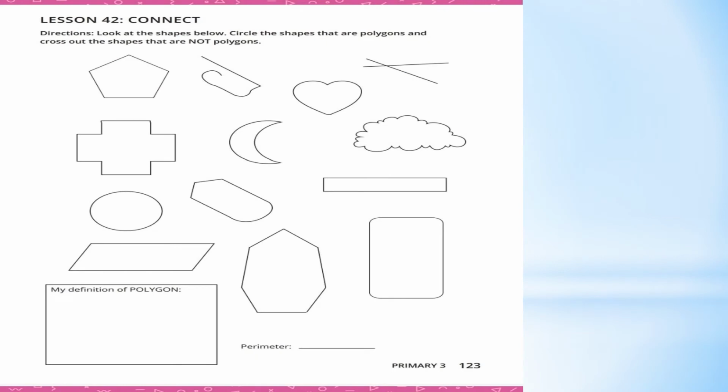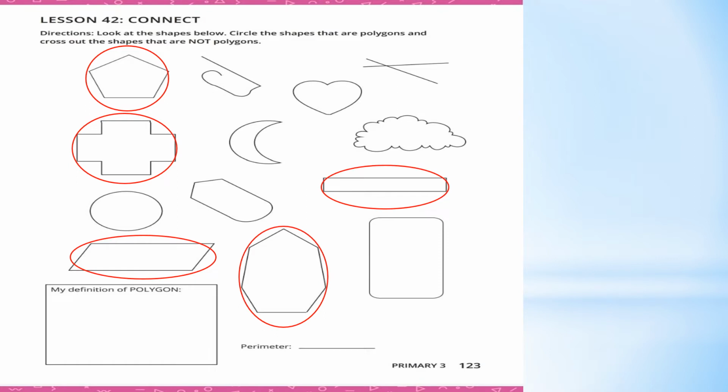Lesson 42. He wants me to circle the shapes that are polygons and cross out the shapes that are not polygons. So all of these shapes that are circled with red are polygons, and these shapes that are crossed out are not polygons.